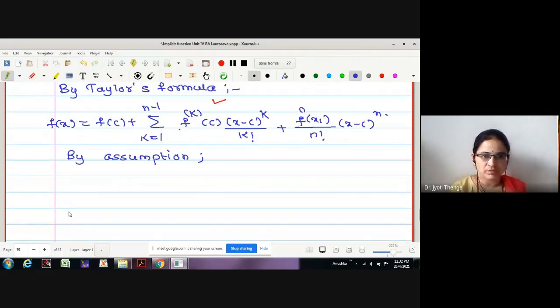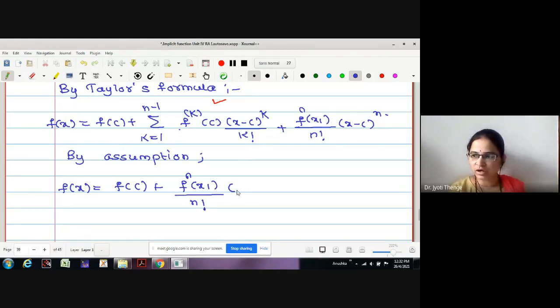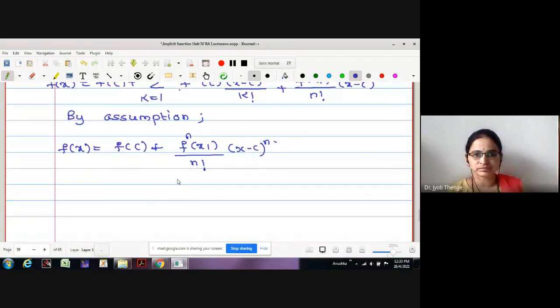Which implies f of x is equal to f of c, the middle term goes to 0, plus f^(n) at the point x1 divided by n factorial into (x minus c) raised to n.